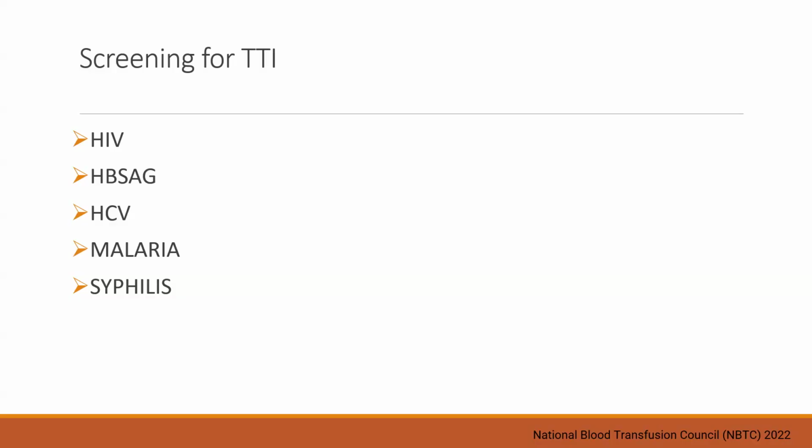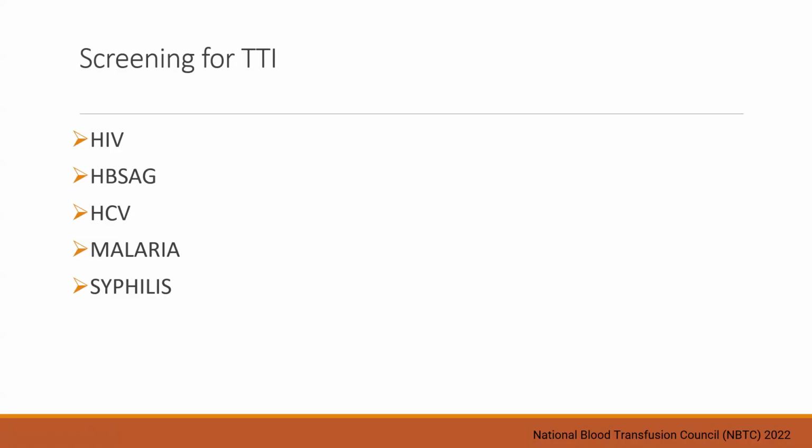What is the time difference, sir? The window period, yes. Usually NAT starts detecting from 7 to 10 days, especially for HBsAg and HIV, from the onset of infection.